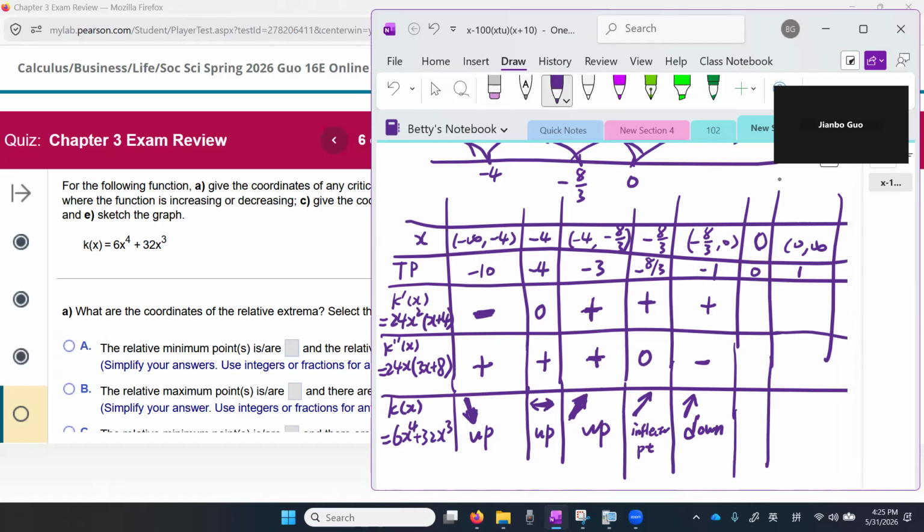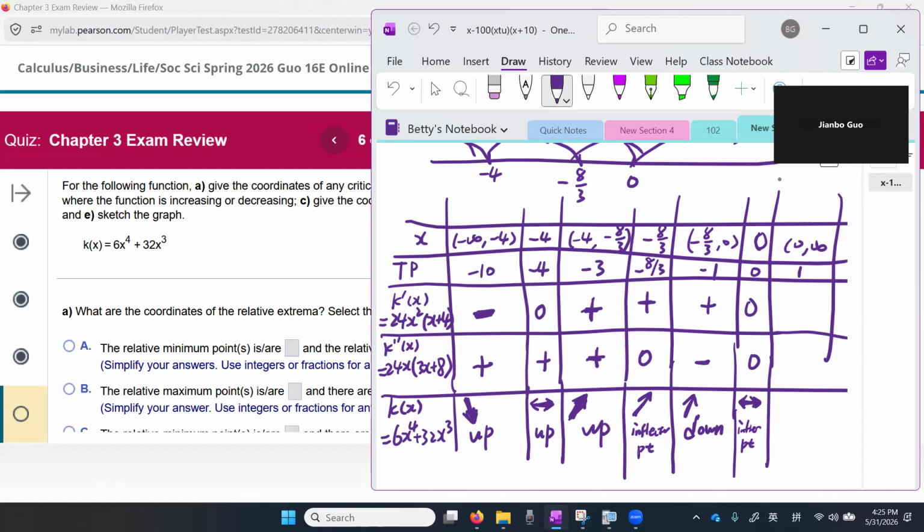At 0, first derivative is 0, second derivative is 0, so it's flat here. It's going to change the direction of increasing, decreasing, and it's the inflection point.